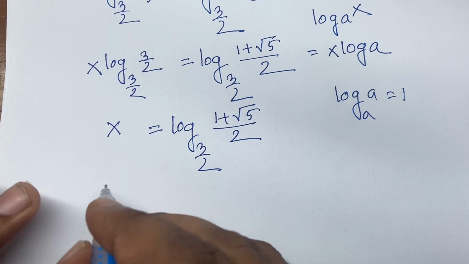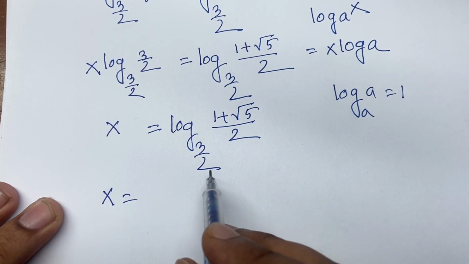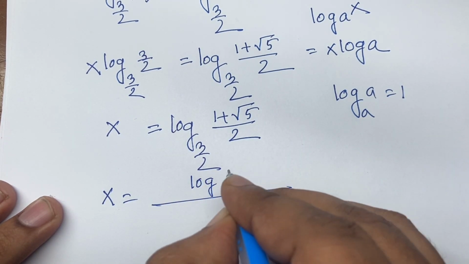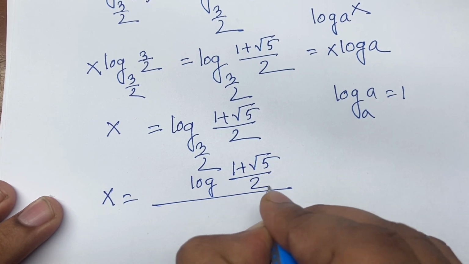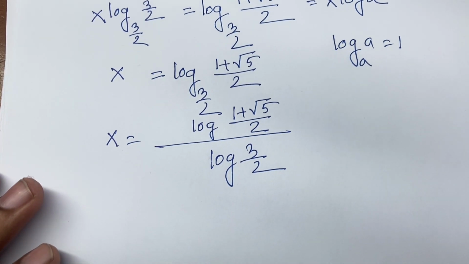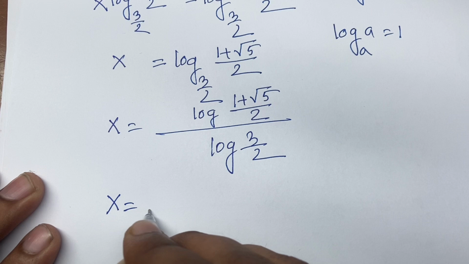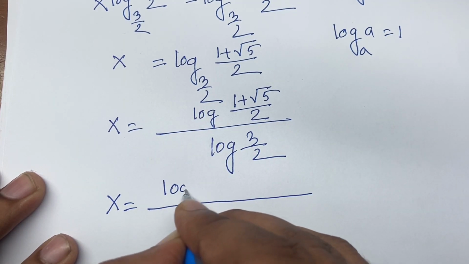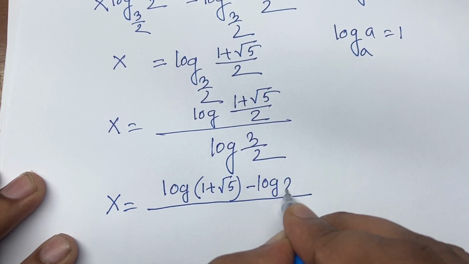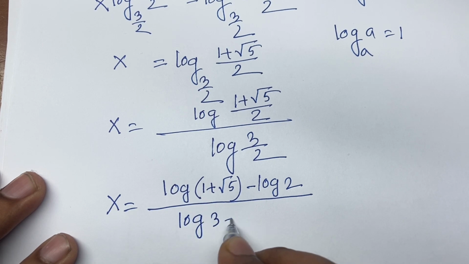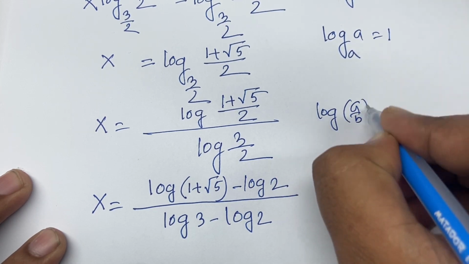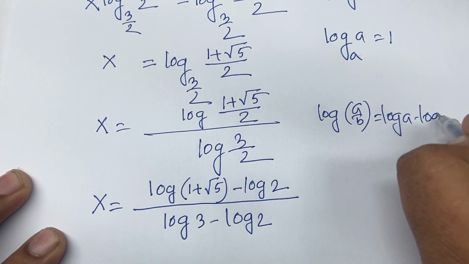Now x is equal to, if I follow the logarithm rules, log of (1 plus square root 5) over 2 divided by log of 3 over 2. Now I can say x is equal to (log of (1 plus square root 5) minus log 2) over (log 3 minus log 2). According to these rules, we know that log of a over b is equal to log a minus log b.